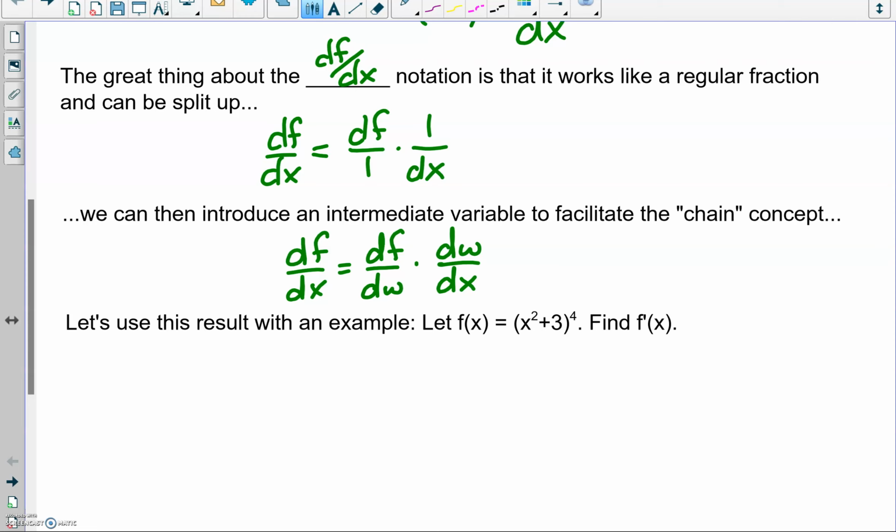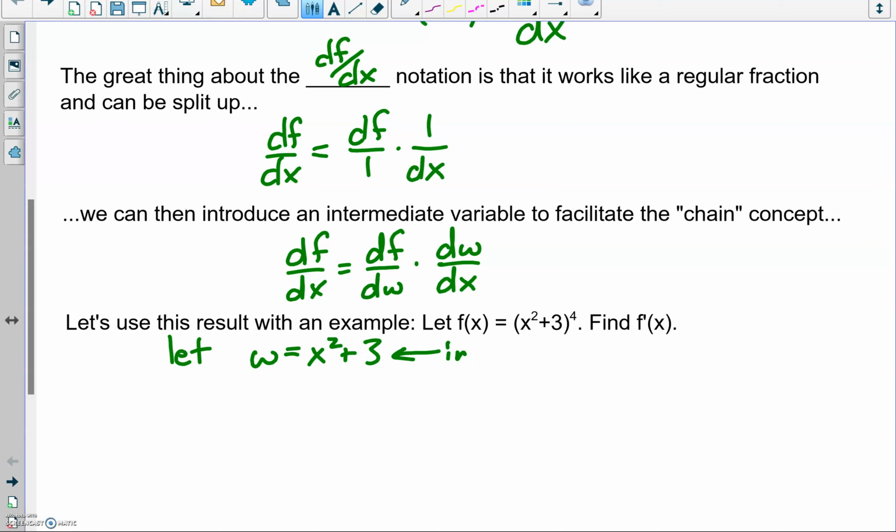So let's use that result with this example here. I'm going to let f of x equal x squared plus 3, quantity raised to the 4th power. And I want to find f prime of x. In order to make this happen, I need to get the w into play. And the w, again, I've been letting equal the inner function, which would be x squared plus 3.